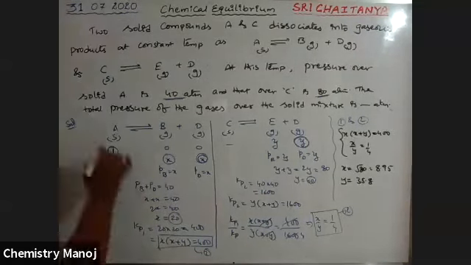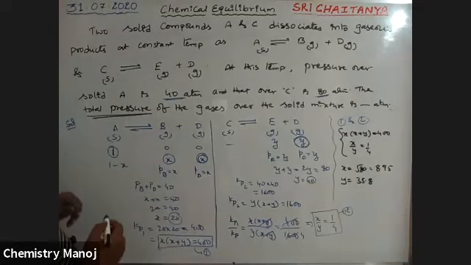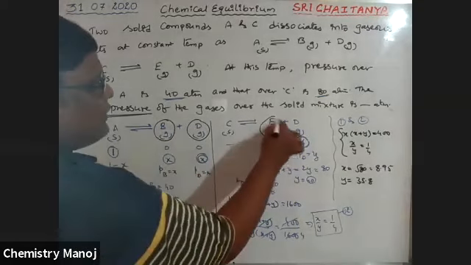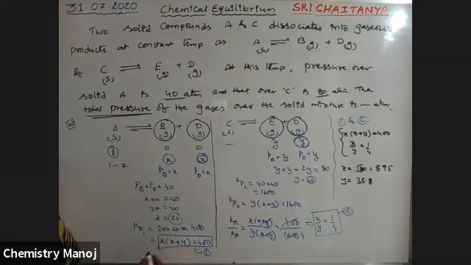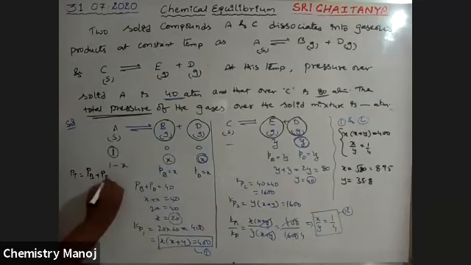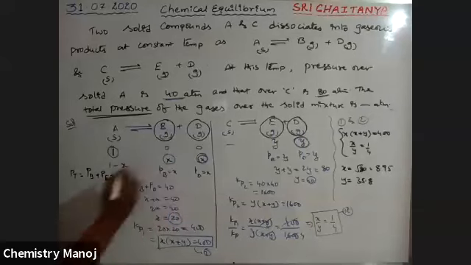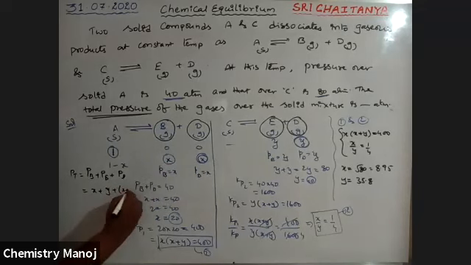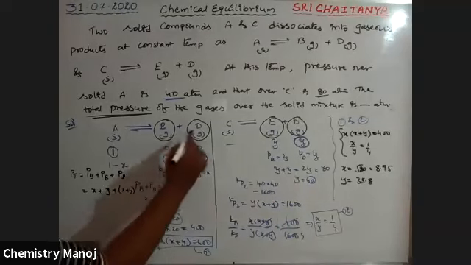Now he wants to calculate the total pressure. All four gases exist. Therefore, P total is equal to partial pressure of B plus partial pressure of E plus partial pressure of D, where B is x, E is y, and D is x plus y.